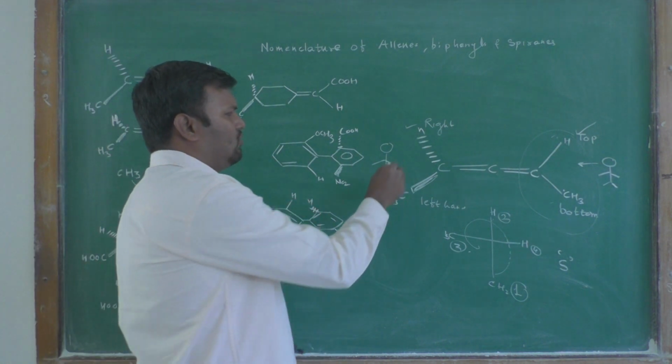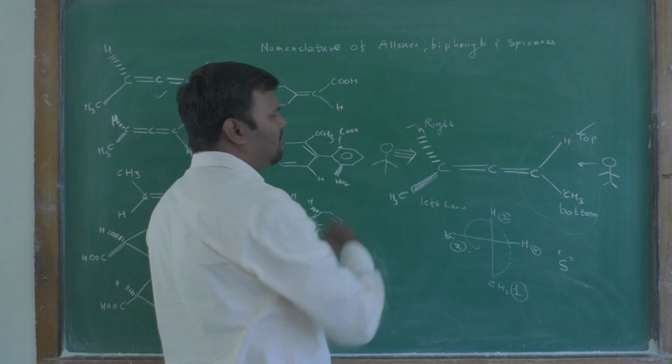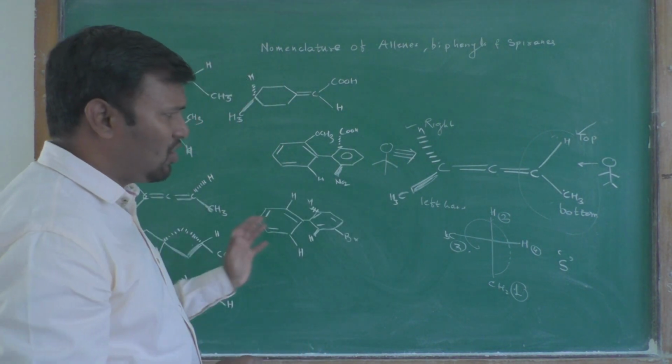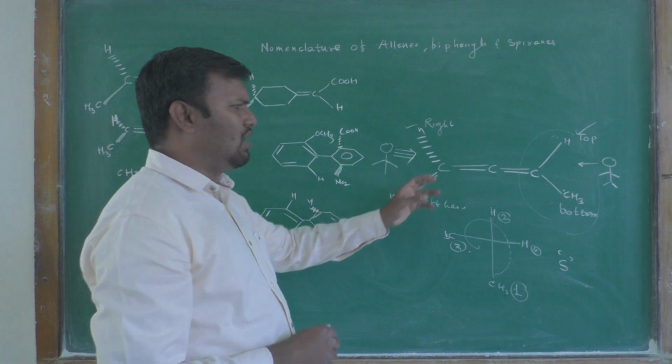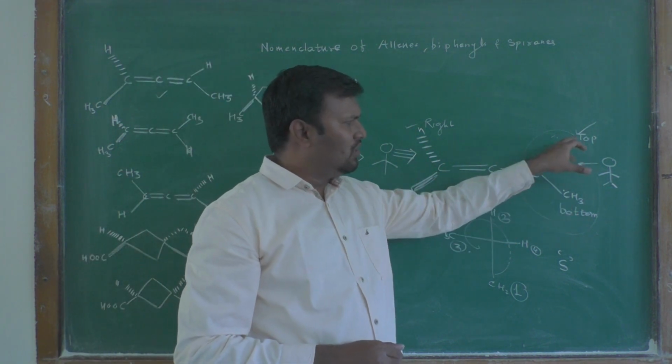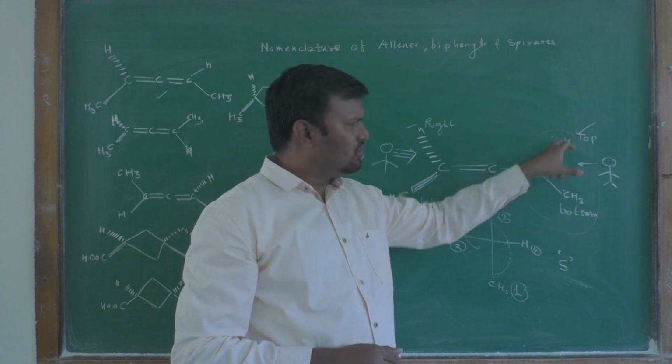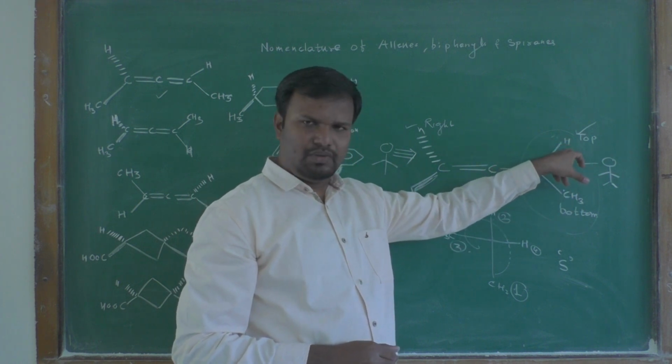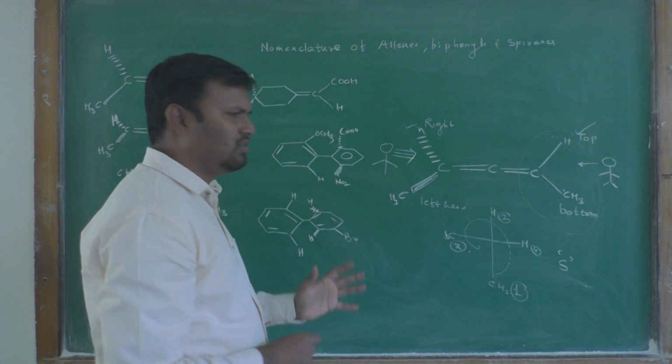Therefore, when I look from this side and you look at the molecule, again you have to put these two, top and bottom. Remember that top and bottom. One should always be top and the other should be the bottom. Always remember.